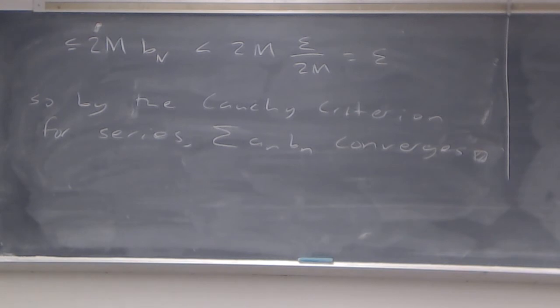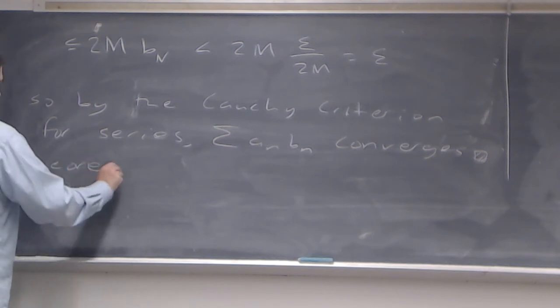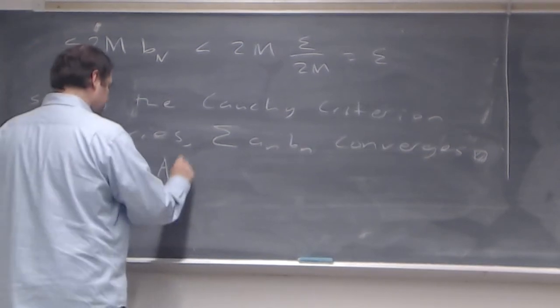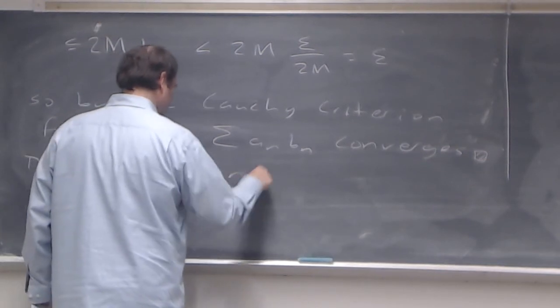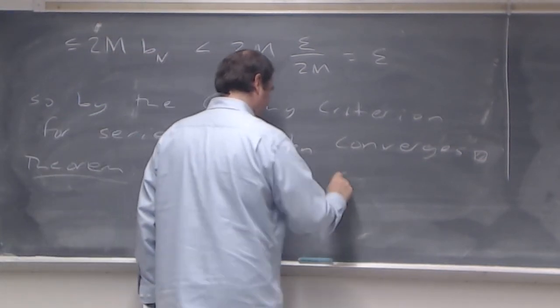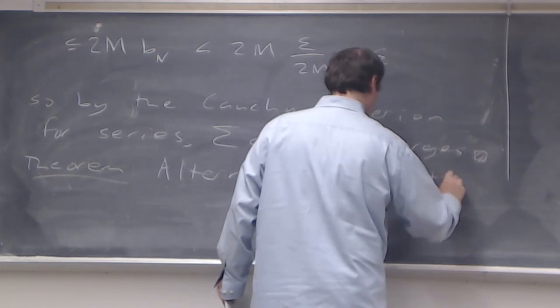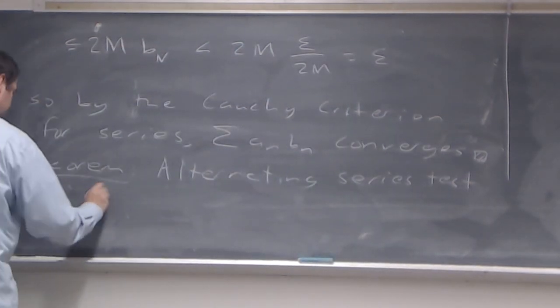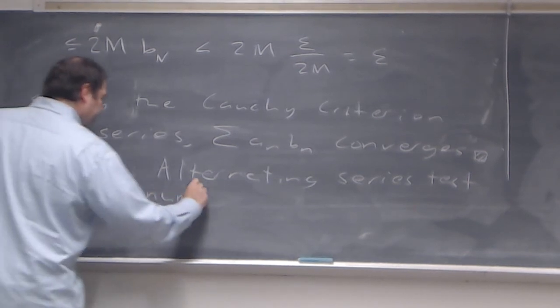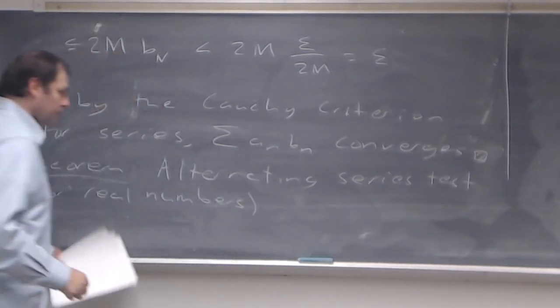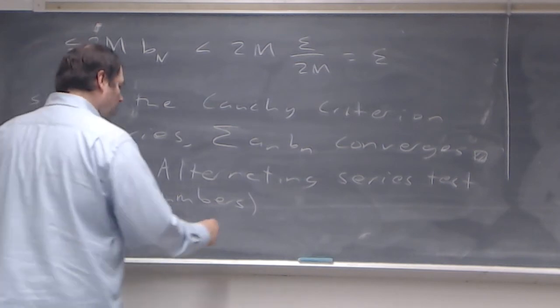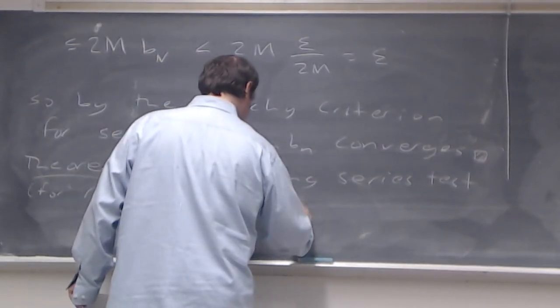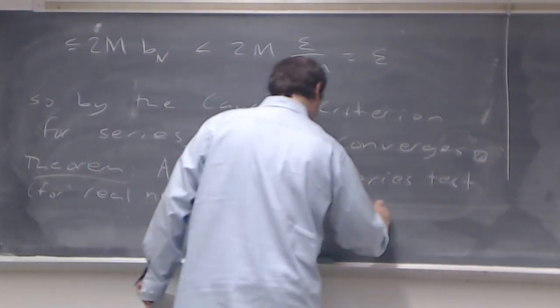The next thing that I definitely want to get done is the alternating series test. So let's write it here. And it's for real numbers. What it says is, suppose, there's a couple of things to suppose.